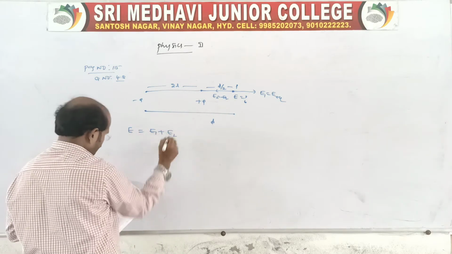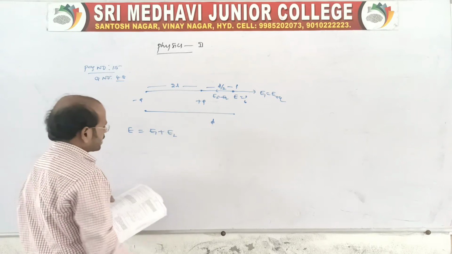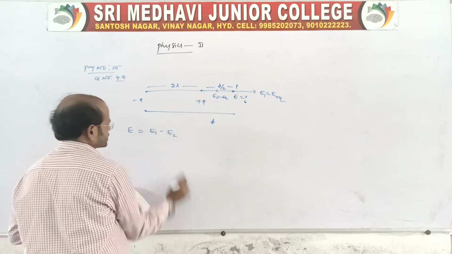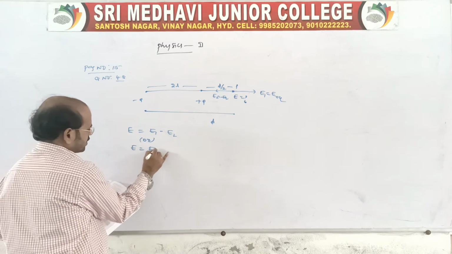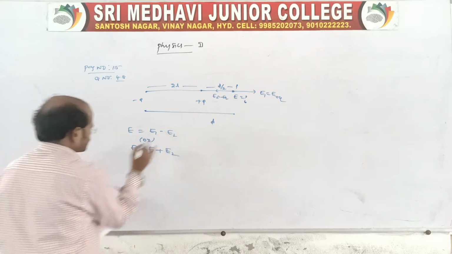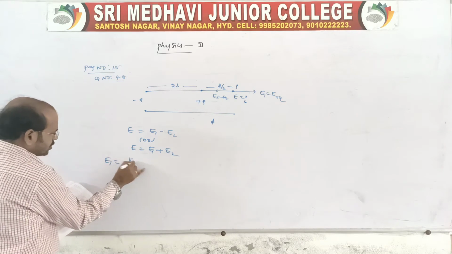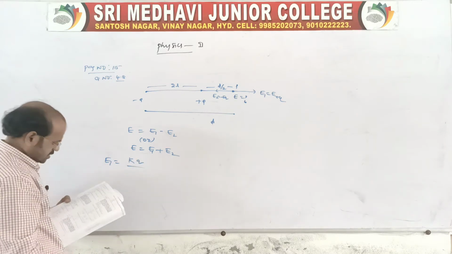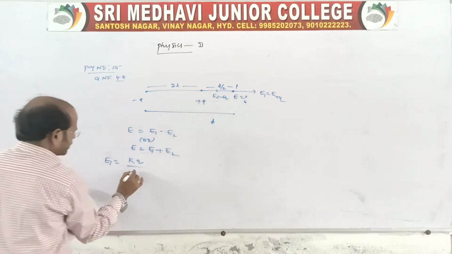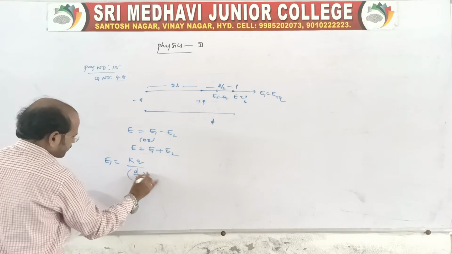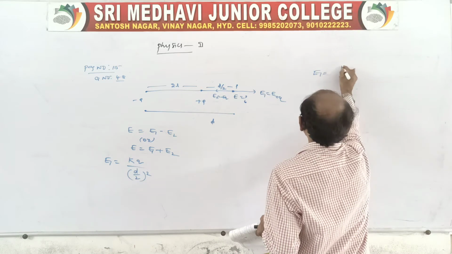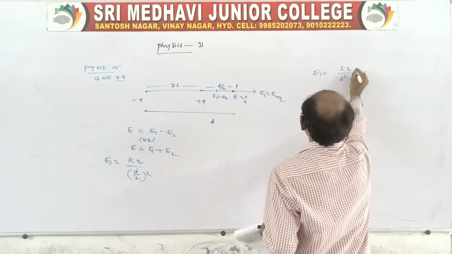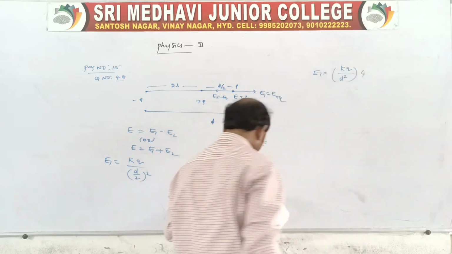Suppose you want to take a minus also, no problem, because it is a negative charge. So E1 is K Q by d by 2 whole square, so E1 is equal to 4 K Q by d square.